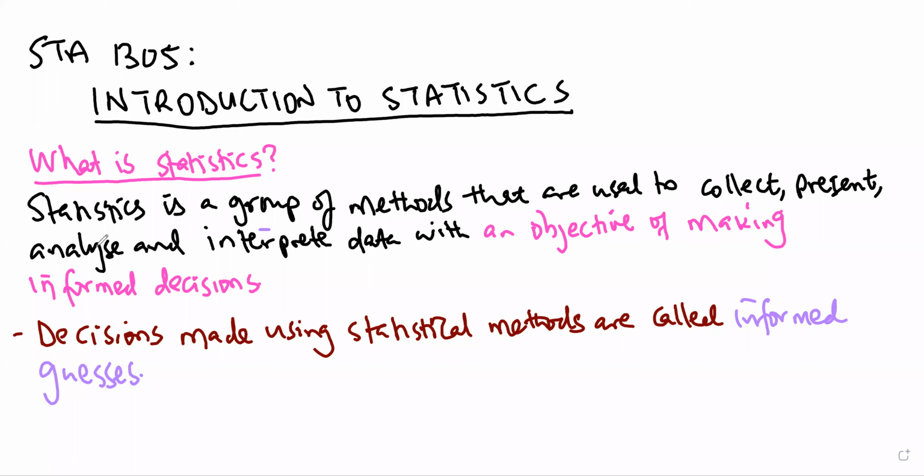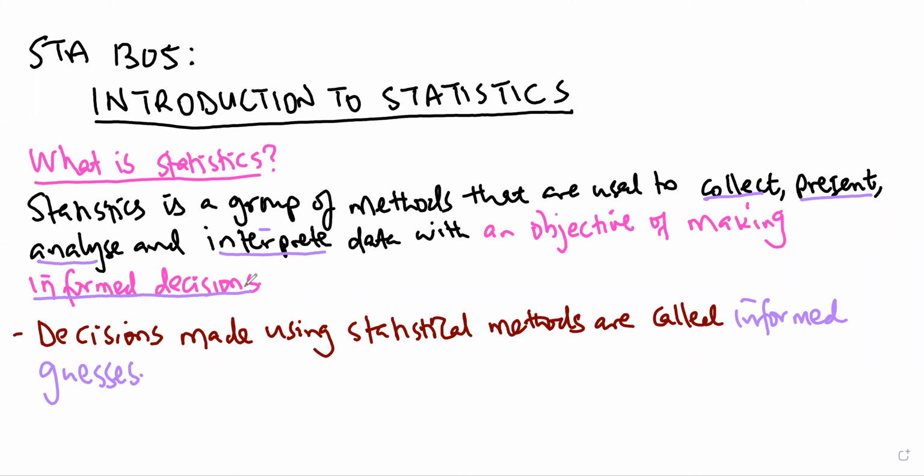So that is the same as saying that statistics is a collection of methods that are used to collect, to present, to analyze, and interpret data. And the objective is to make informed decisions.